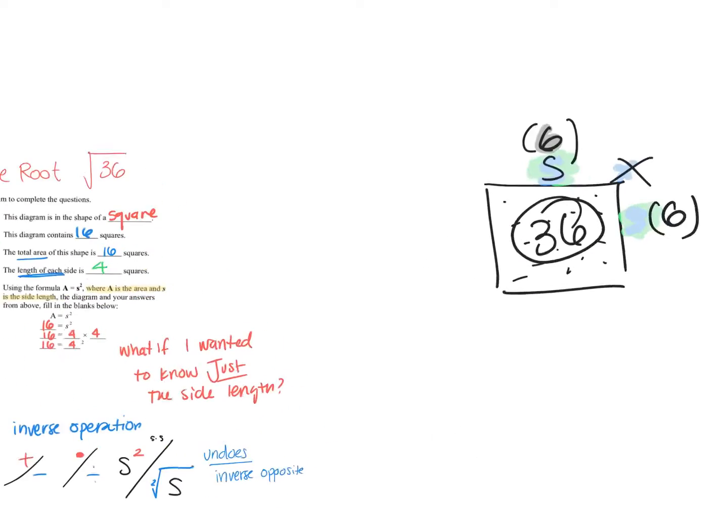But you don't want to draw a picture every time. So here we go. A square root. What if I give you the square root of 4? What times what is 4? Isn't that just 2 times 2? So isn't that the same thing as 2 squared?